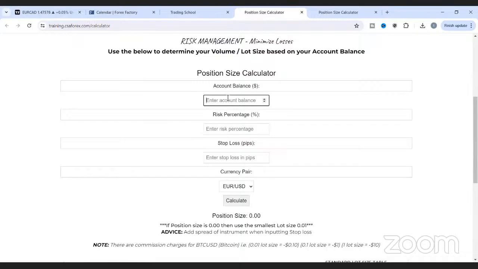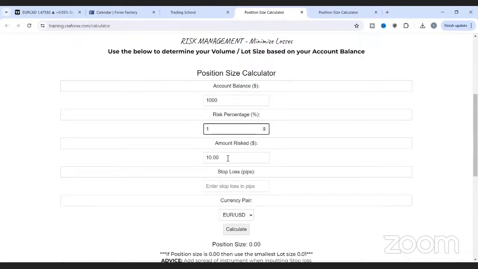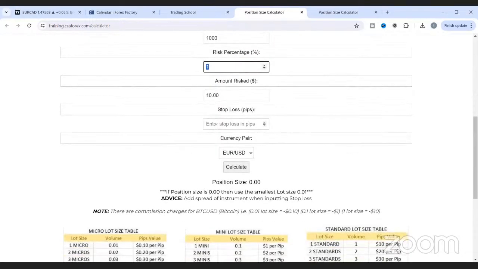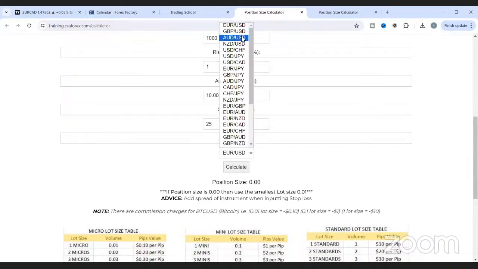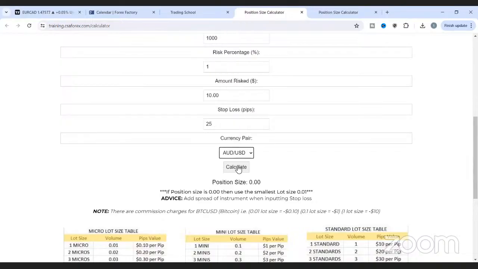So assuming your account balance is, let's just say $1,000, and you want to risk 1%, by the time I click on enter, 1% of 1,000 is 10. So we are risking only $10, which happens to be 1%. And by the time you put in your stop loss here, let's assume your stop loss is 25 pips, and let's say your instrument is AUD/USD, you click on calculate, it will give us the position size here, 0.04 lots for AUD/USD.